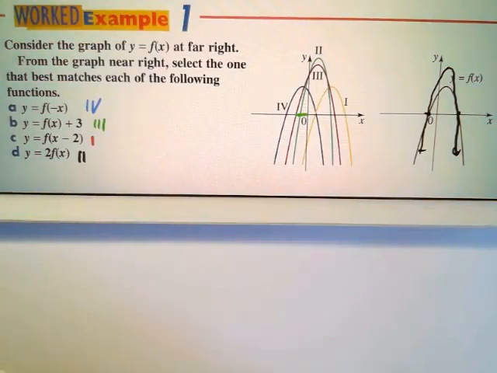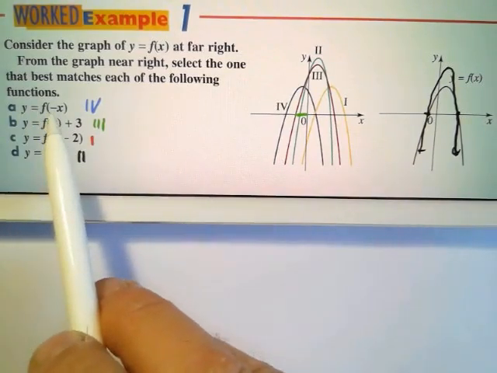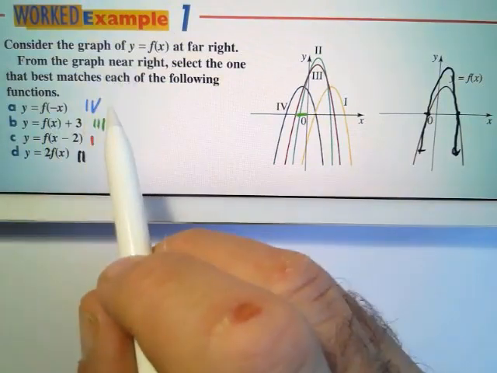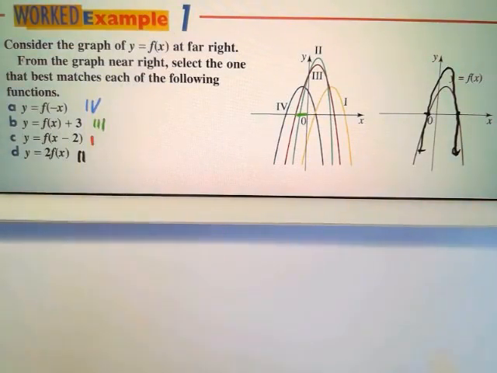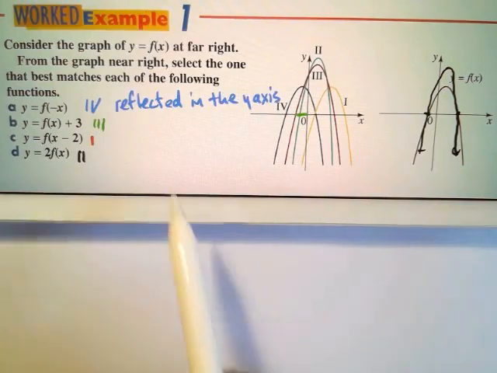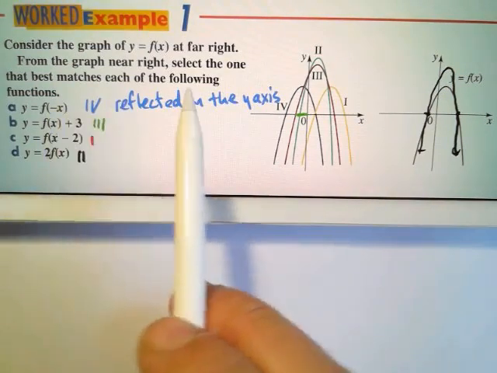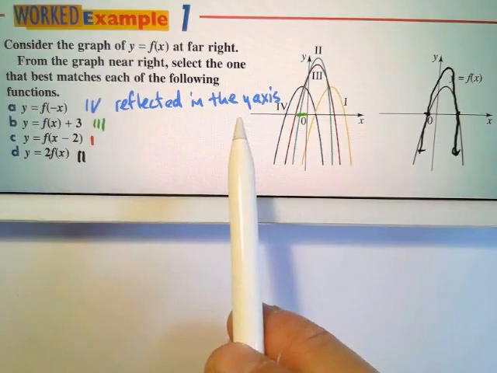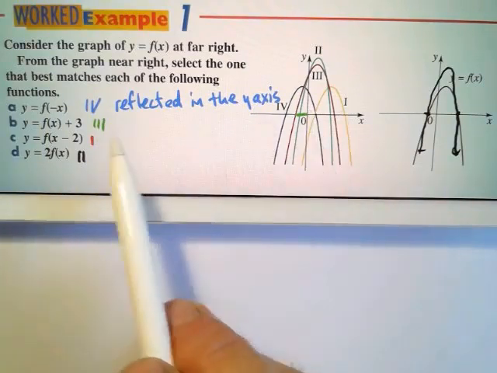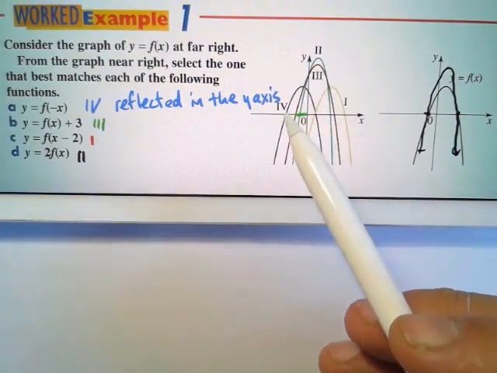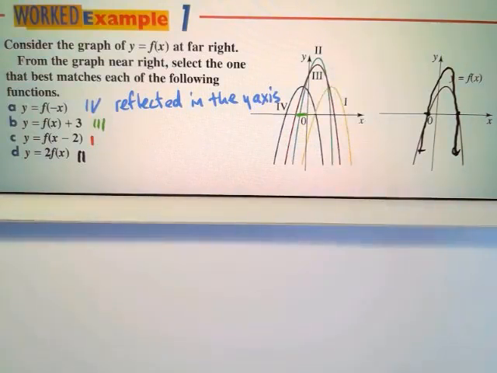You need to be able to use the words. So you should be able to say that this function is reflected in the y-axis. Now I'm just going to add that. So we'll say that the graph is reflected in the y-axis. For the next one, which is 3, this one has been moved upwards, so it's translated upwards.